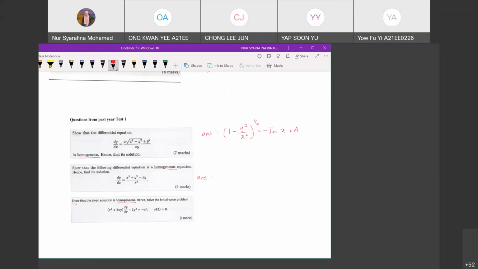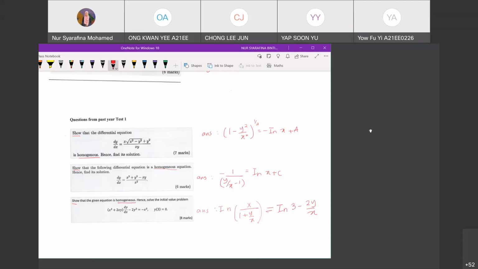Okay, so for the second part, okay, so this one is the answer for past year question in the notes.